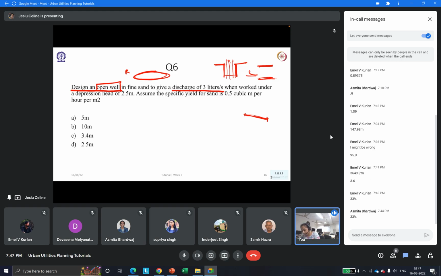We learned that our yield Q is equal to C dash by A, which is our specific yield, this whole term, into the area A, into S, which is the depression head. Again, this comes from the recuperation test.